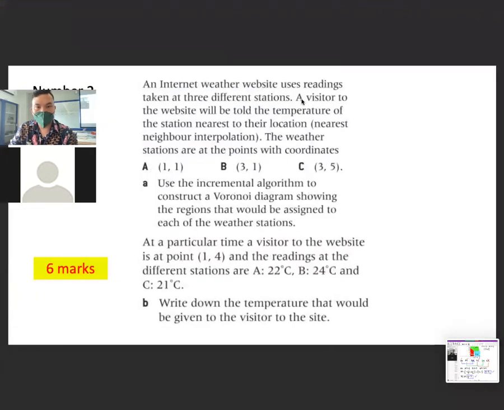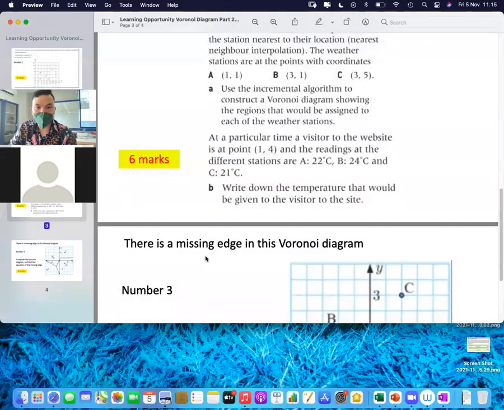Okay. Write down the temperature. At a particular point in time, a visitor to the website is at point 1, 4. The readings at the different stations are A 22, B 24, and C 21 degrees Celsius. 1, 4 is in which region?